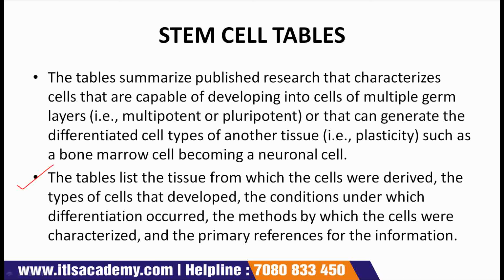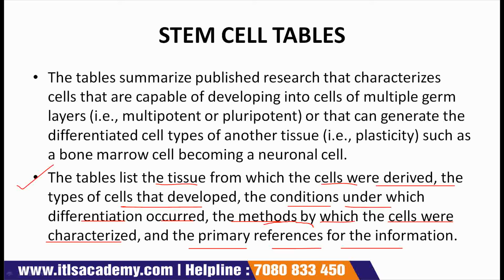Next, the tables list the tissues from which the cells were derived, the type of cells that developed, the conditions under which differentiation occurred, and the methods by which the cells were characterized, and also the primary reference for the information.